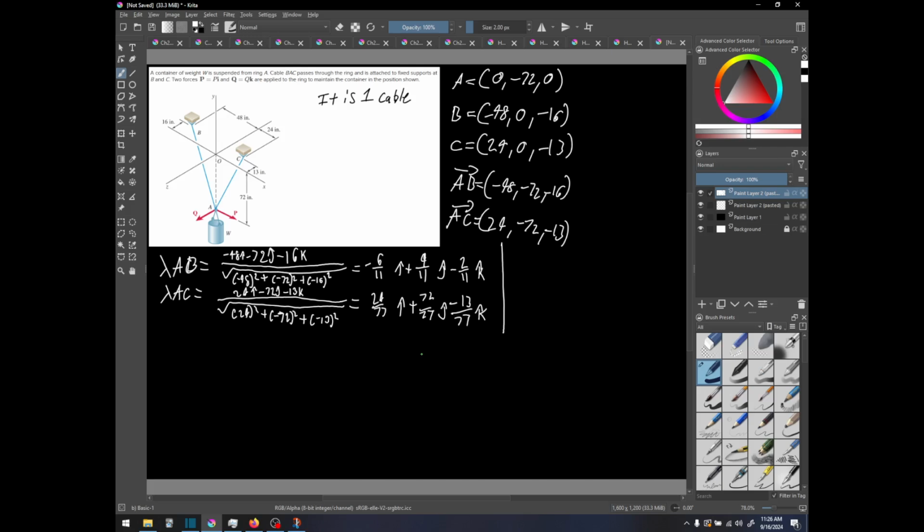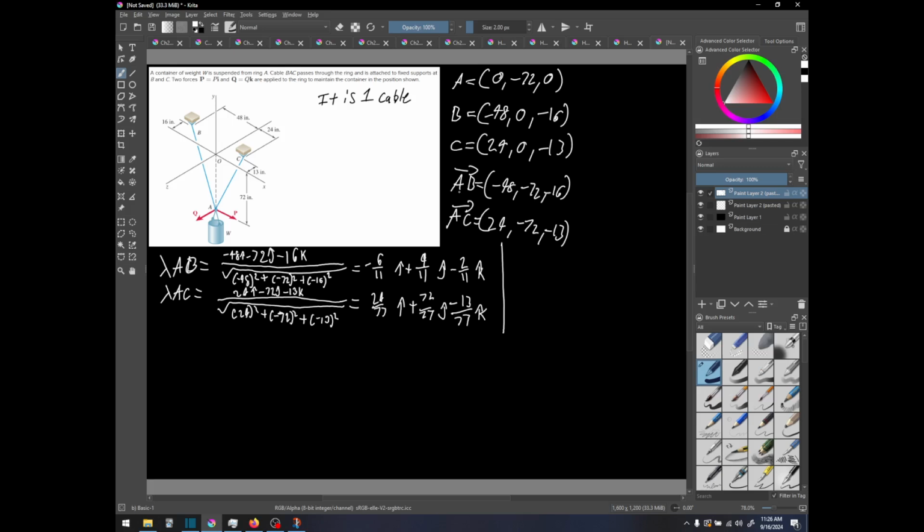So tension in AC equals TAC lambda AC, and then you put the T on the outside. And we can also throw in our variables there. And yeah, since they're equal, this is going to help out quite a bit.